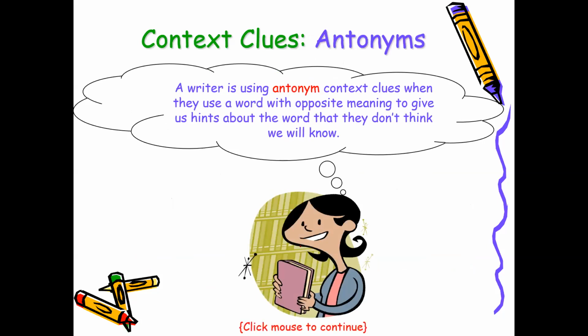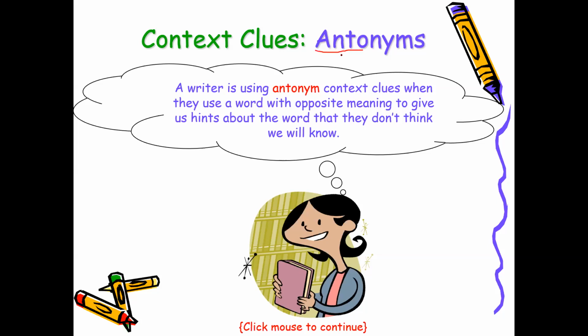The third context clue you may find in the passage to figure out the meaning of an unfamiliar word is the antonyms. Now, we're going to talk about this after the context clues. But if you think about the word antonyms, it means opposite.